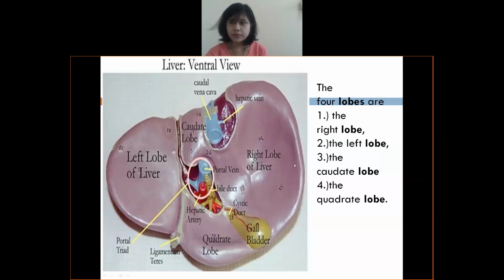The first one is the left lobe, the second is the right lobe, the third is the caudate lobe, and number 4 is the quadrate lobe. So these are the 4 lobes which you will find in the liver. Okay, did you understand, students? Yes, ma'am.